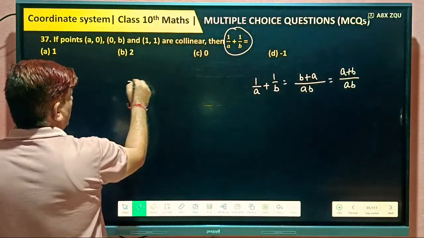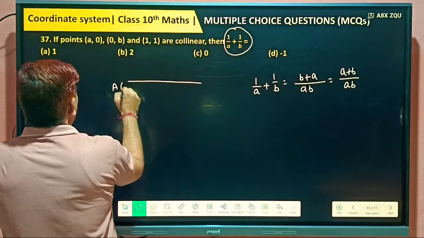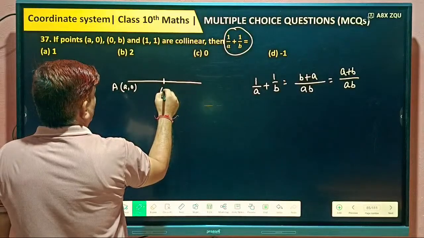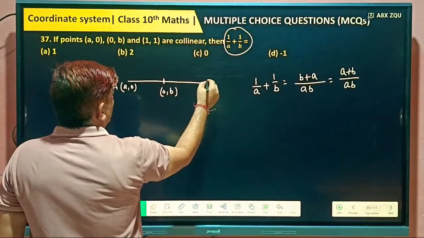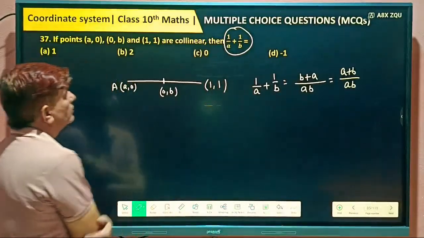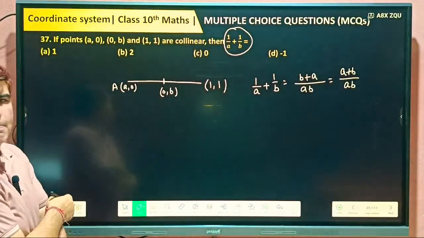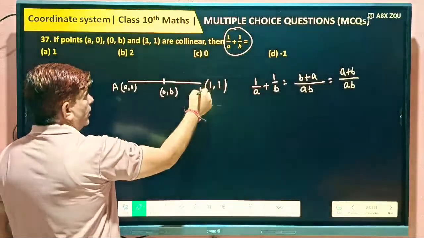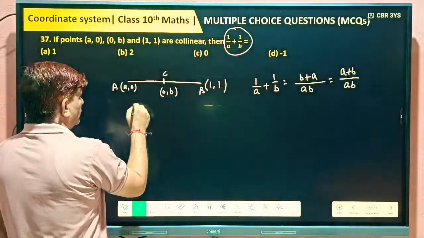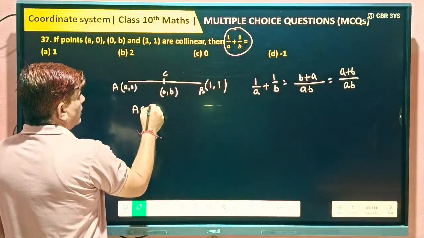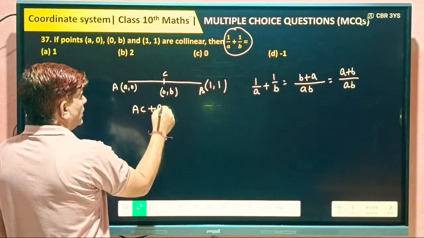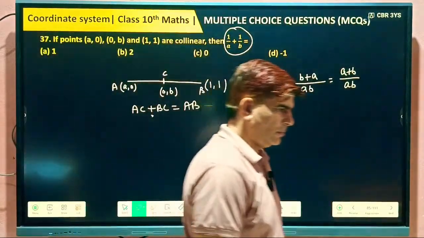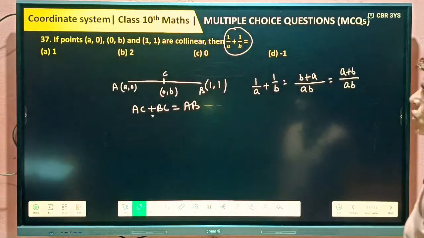So we can take 3 points like this. A, whose coordinates are A and 0, and B, whose coordinates are 0 and B, and this is 1, 1. So this point's name is B, its name is C. So AC plus BC equal to AB. Yes or no?